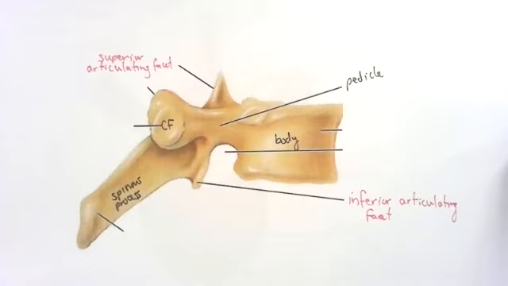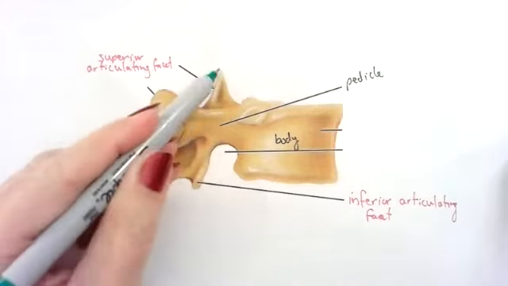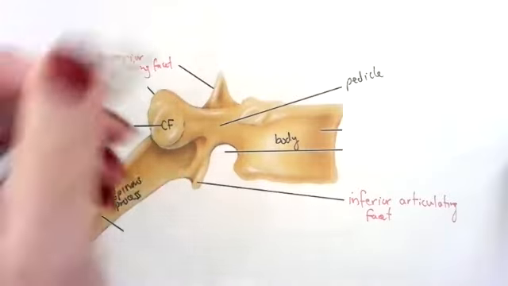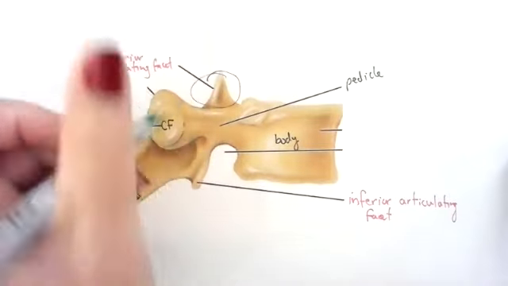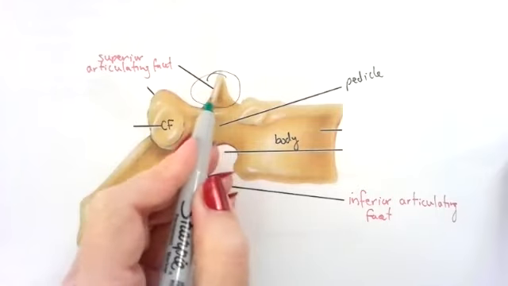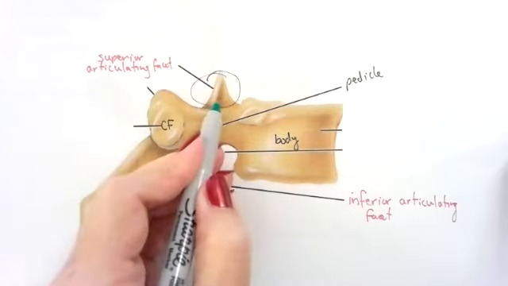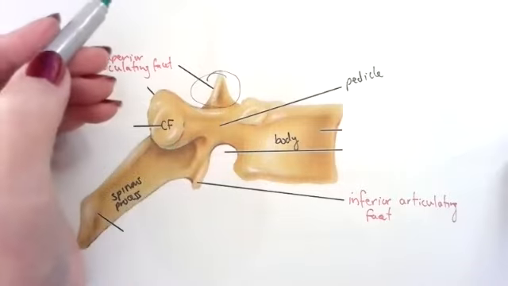But what we can see now from this view is that they lie above the vertebra and it lies below the vertebra. So we call this the process that it lies on, the superior articulating process. So the facet now lies on a process that extends it above the vertebra.